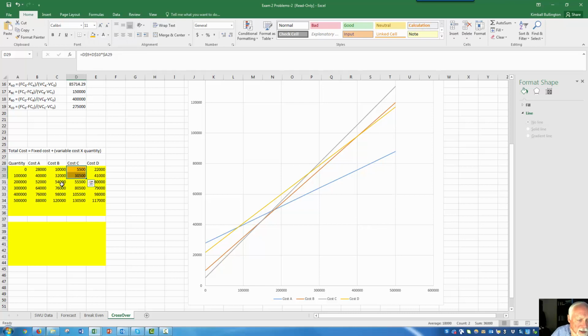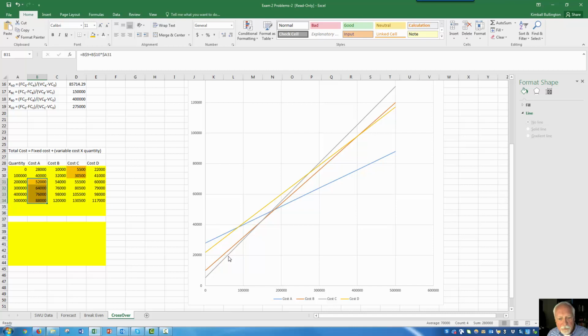Once you get to 200,000, A is the lowest total cost, and guess what? At 200,000, it's the lowest total cost everywhere. But you've actually got something going on between 150,000 and 200,000, and for a brief period of time, there's another alternative that's the lowest.